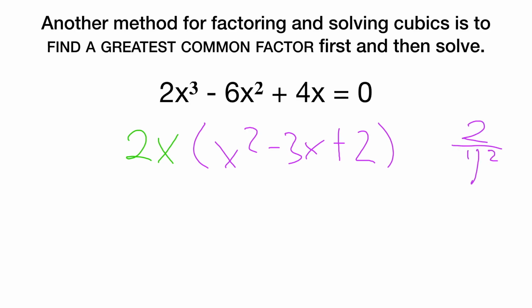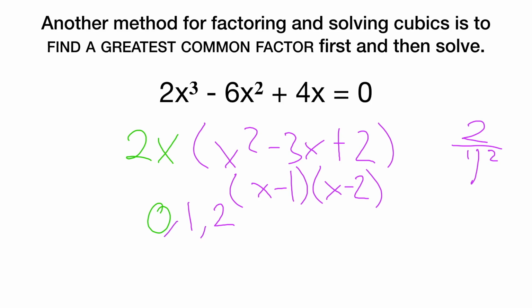Just 1 and 2, and sure enough, they do add up to 3. So this is going to be x minus 1 times x minus 2. So our zeros are 0, positive 1 and positive 2.